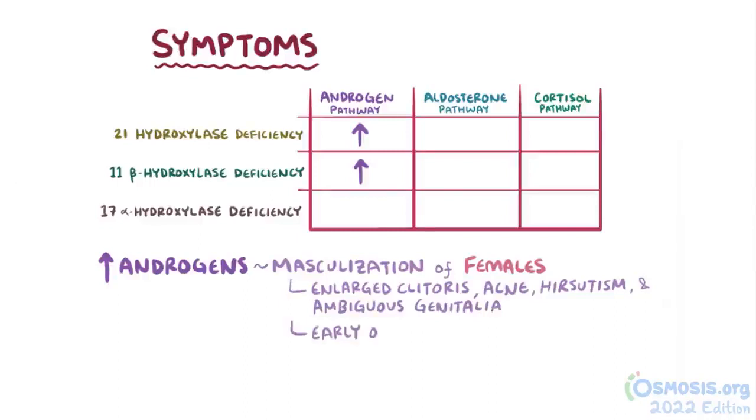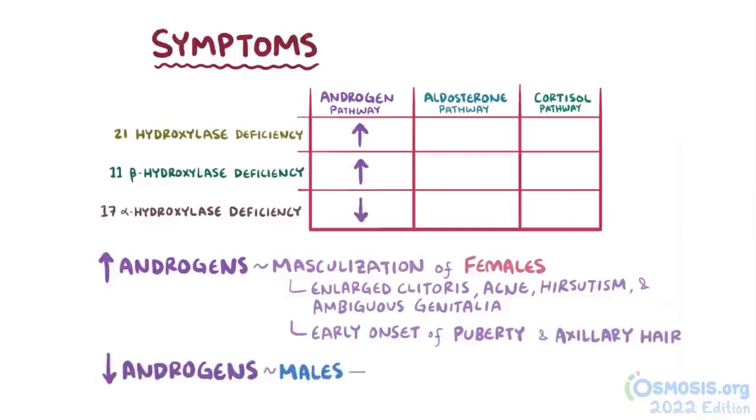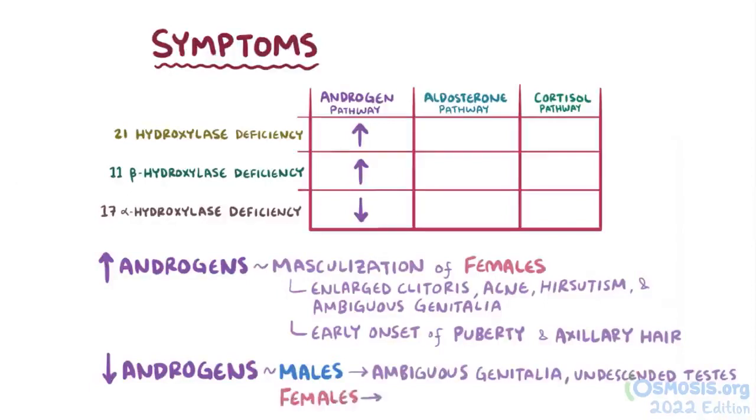It could also cause early onset of puberty in females, and early appearance of pubic and axillary hair. On the flip side, in 17-alpha-hydroxylase deficiency, there are low levels of androgens, so males might have ambiguous genitalia and undescended testes, while females might lack secondary sex characteristics like pubic and axillary hair.